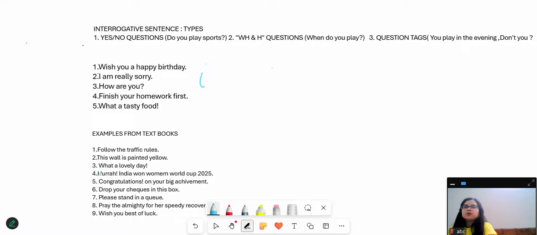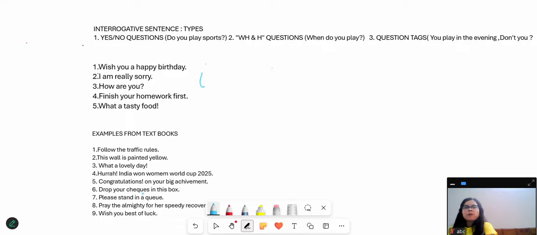India won Women World Cup 2025. You all must be knowing this, right? This is hurrah with an exclamatory mark. So this is an exclamatory sentence. Congratulations on your big achievement. Again, congratulations with an exclamatory mark. So this is an exclamatory sentence.